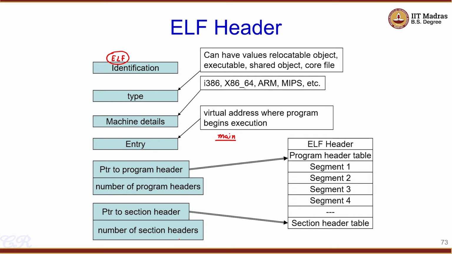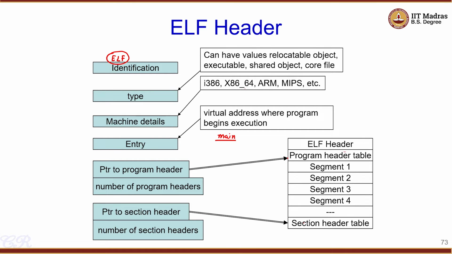The pointer to program header, as we've said, is a pointer to an offset within this file which has the program header details. Similarly, a pointer to section header is an offset within this ELF file which comprises the section header table.